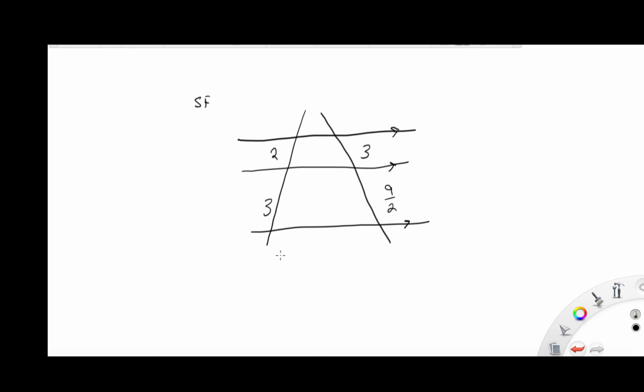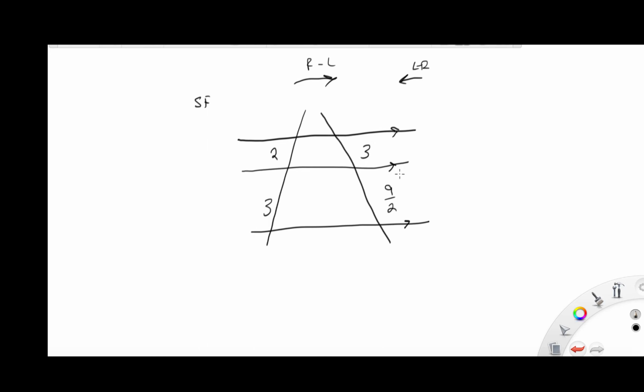How do we find a scale factor? Well, we can go from right to left to find scale factor, or we can go left to right. And in your textbook, it talks about how to find the scale factor.